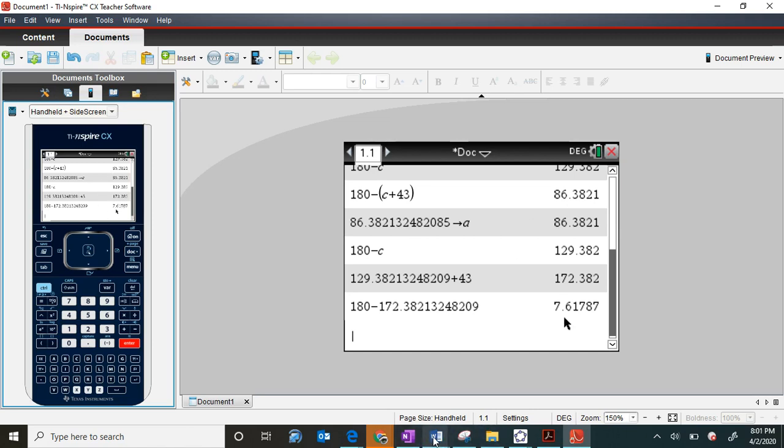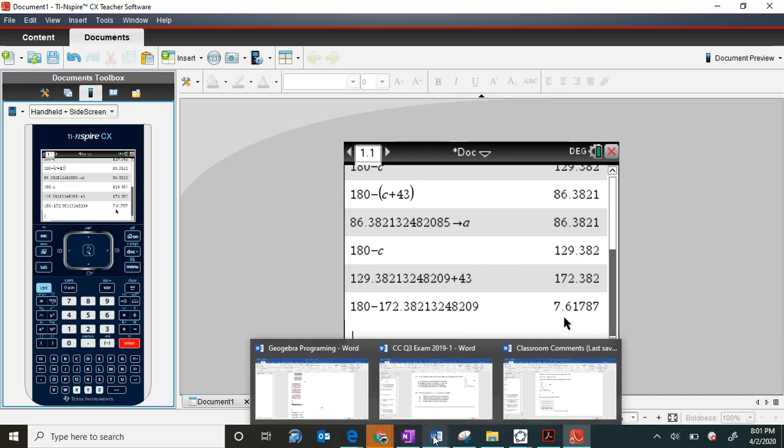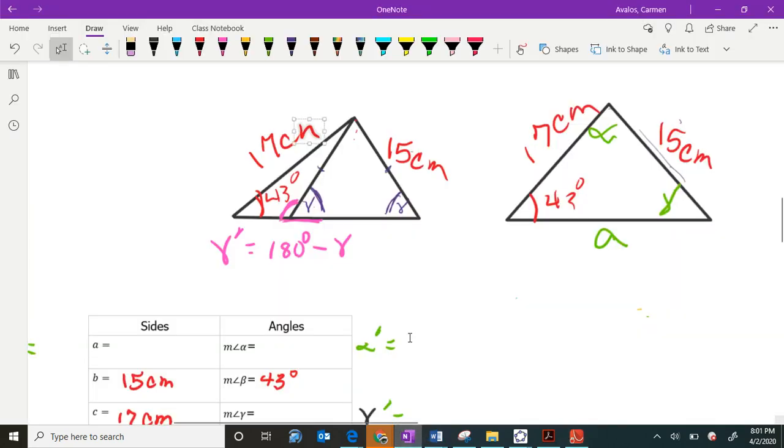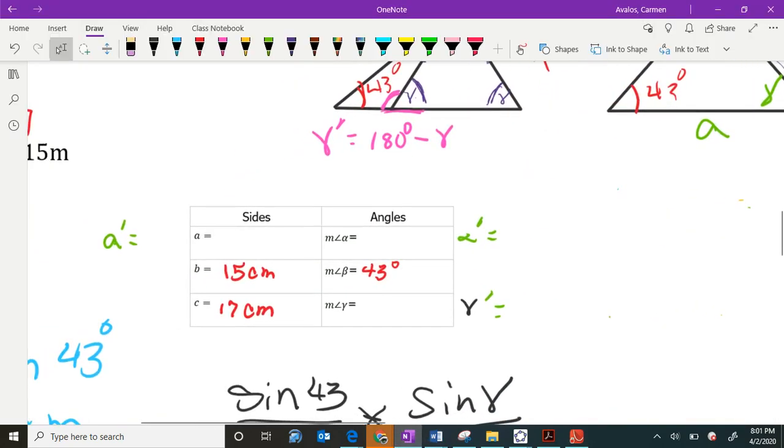So let's fill in the chart that I have there. When I go back to my chart, I know all the angles now. My alpha is 86.38. I solved my gamma, and that was 50.62.